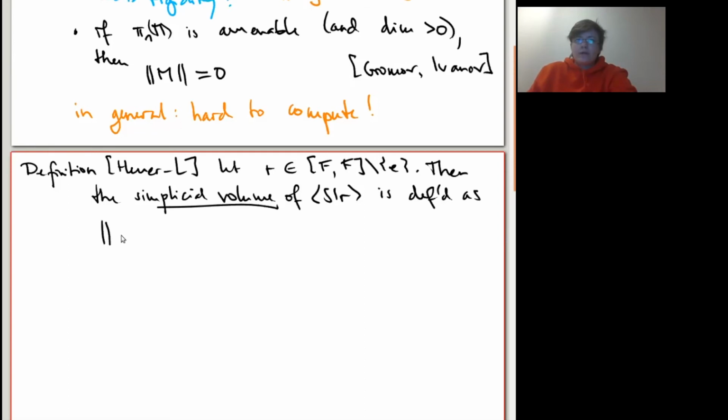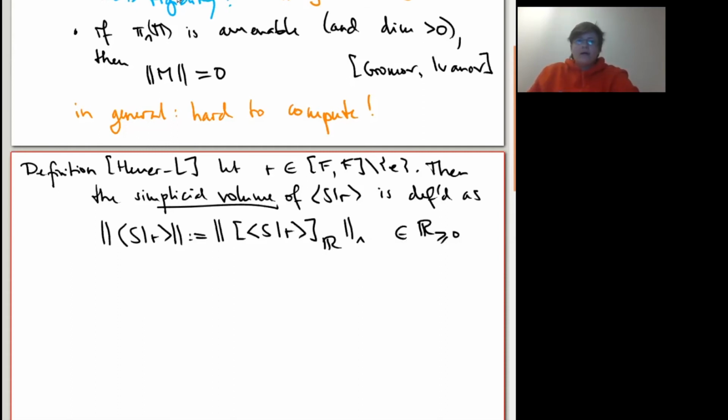We denote it as in the manifold case. And what we do is we just take the one norm of the fundamental class of this one-relator group. And what's this fundamental class?